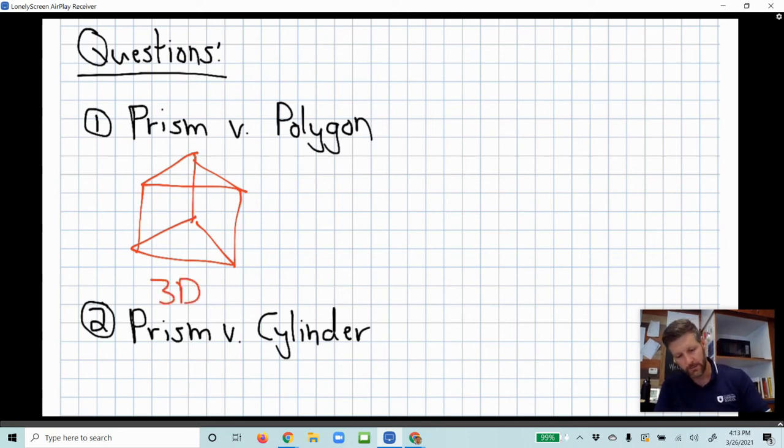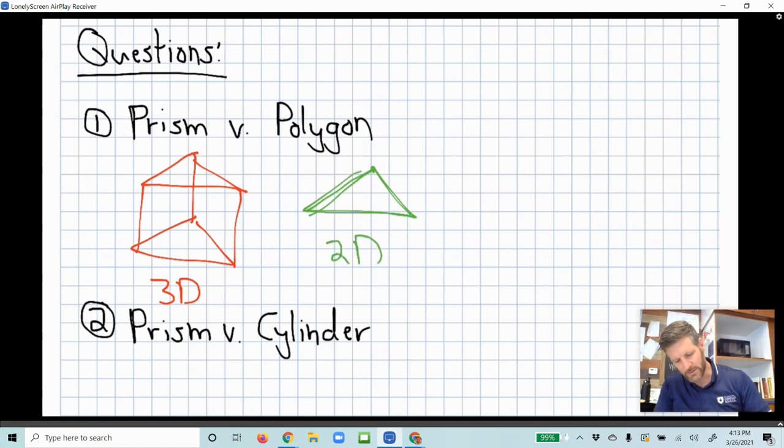Whereas with a polygon, you could have the exact same triangle, but it only exists in 2 dimensions. So when we say polygon, we're talking about a 2D shape. It has length and width. But when we talk about a prism, we're talking about the type of shape that is going to be in 3 dimensions: length, width, as well as height. So you get an added height when it comes to prisms.